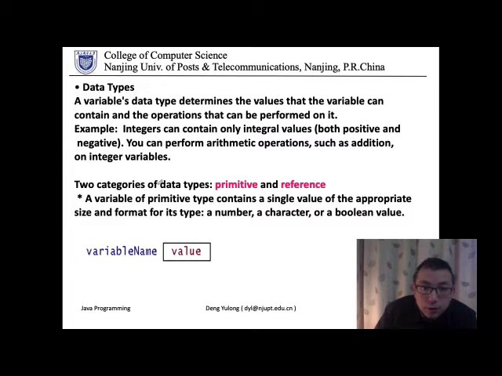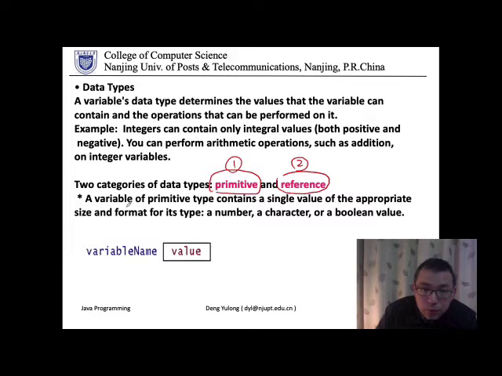Here we have two kinds of variables. The primitive variable is the first kind, and the reference variable is the second type. Now we look at the first type.